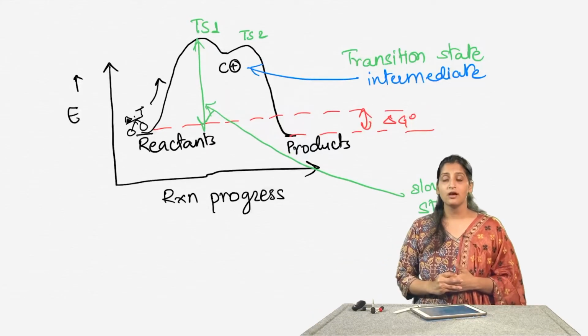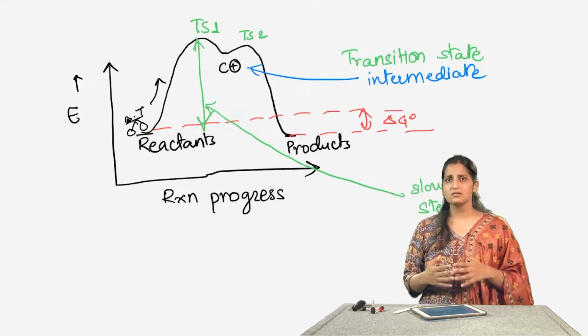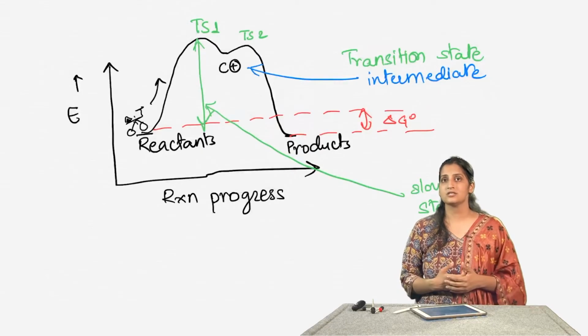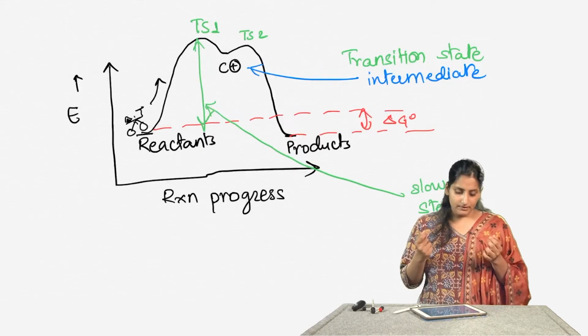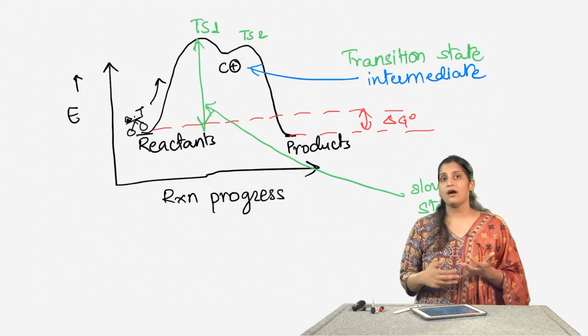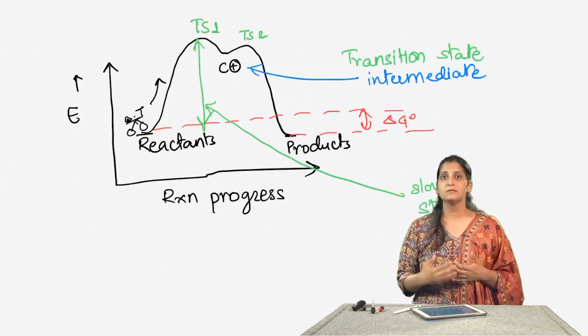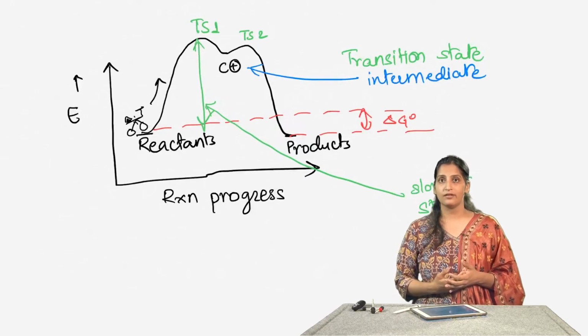One of the things to ask is, how did I know that transition state 1 is going to be the highest energy step of the reaction? The reason I knew that is that I was going to form a much higher energy species at the end of transition state 1.